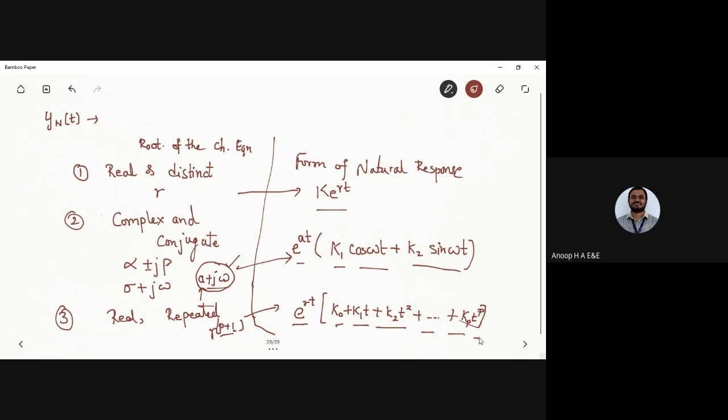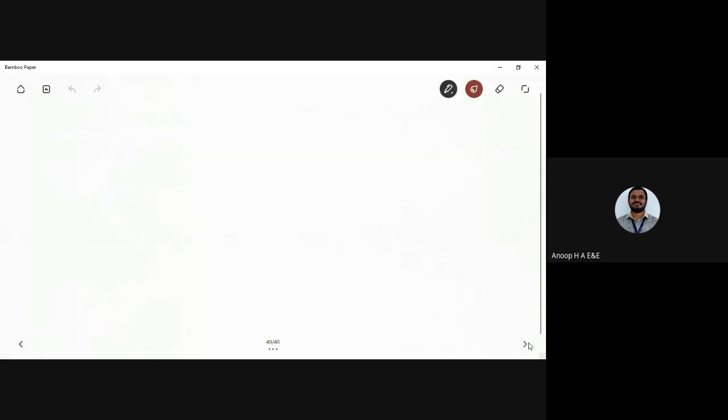I'll be having an example where you will be getting these types of roots of the characteristic equation, whether real and distinct, complex conjugate, or real and repeated. So you need to remember this tabular column and fetch the appropriate natural response of the system, which is k e power rt and so on.